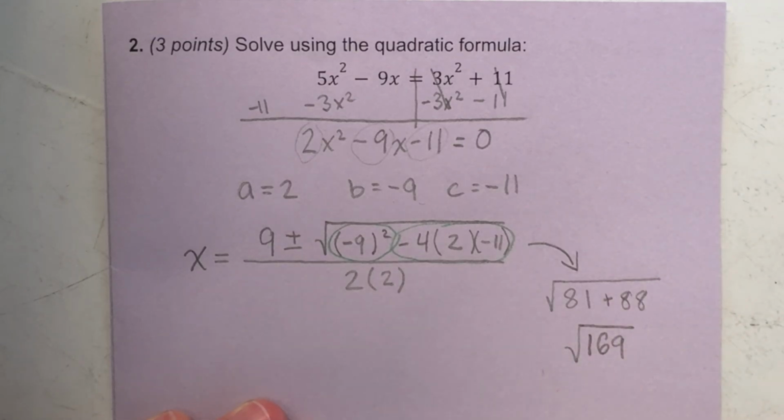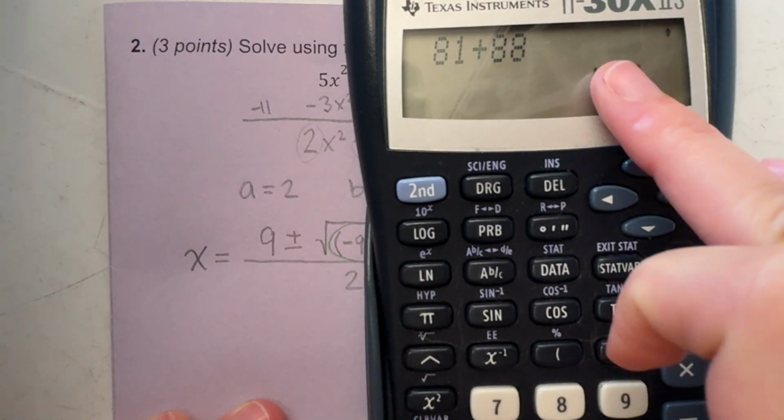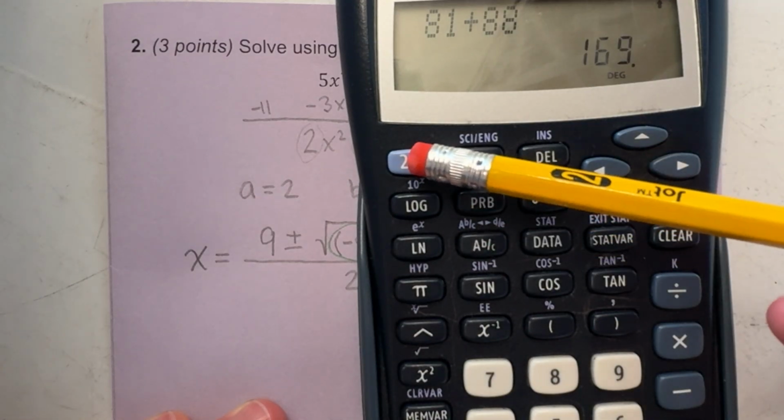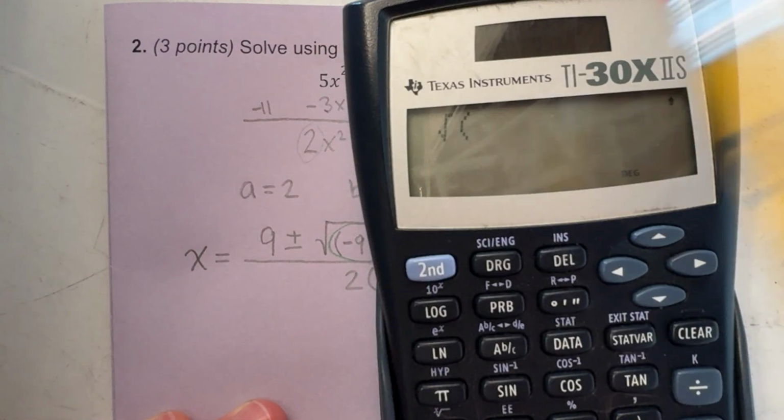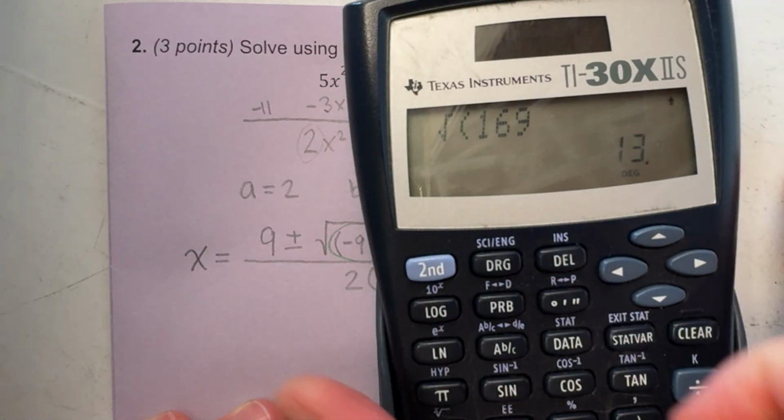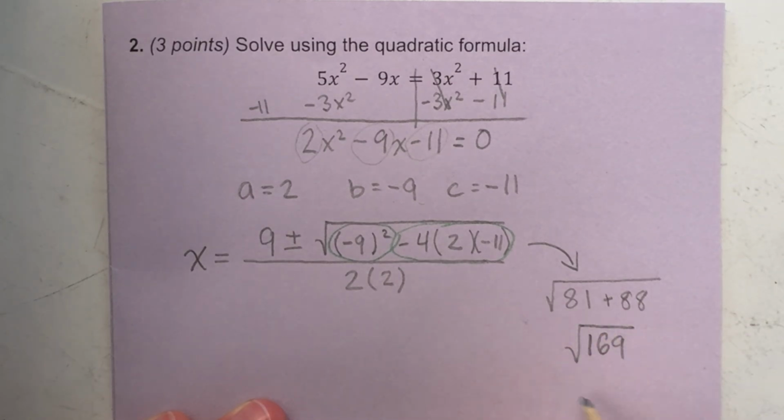The next thing I'm going to do is type the square root of 169. I'm going to press second, and then this button, that gets me my square root sign, and type 169. I get the number 13. So here I was able to take the square root, and this is not the square root of 13 now, this is just the number 13. I already took the square root, I got the number 13.